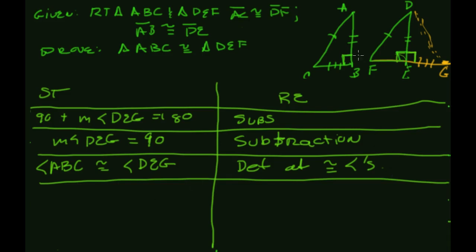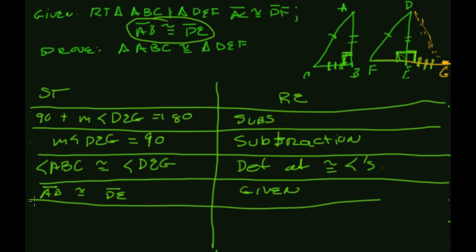Okay, so that gets me an angle in this triangle congruent to an angle in this triangle. This side is congruent to that side, but we're also given that AB is congruent to DE, so that's in the given.